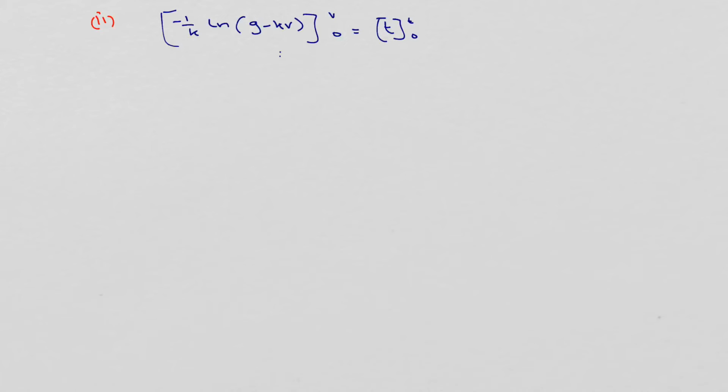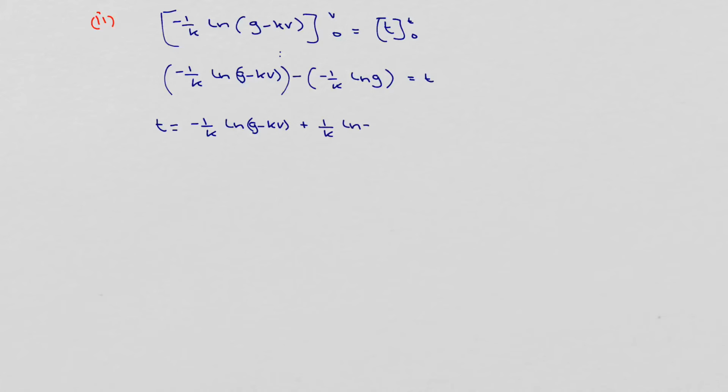So therefore I would have minus 1 over k natural log of g minus kv, minus minus 1 over k natural log of g, is equal to t. So t is equal to minus 1 over k natural log of g minus kv plus 1 over k natural log of g.